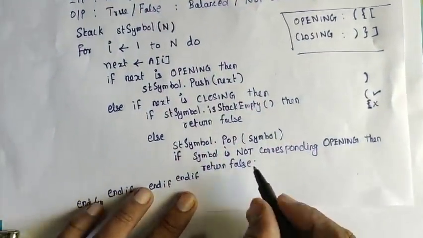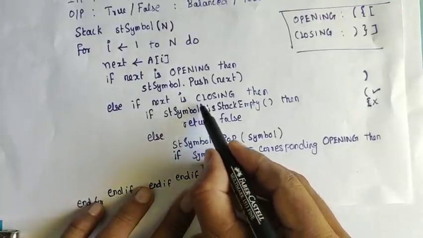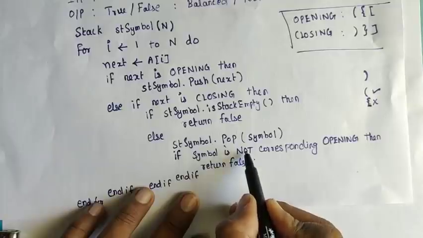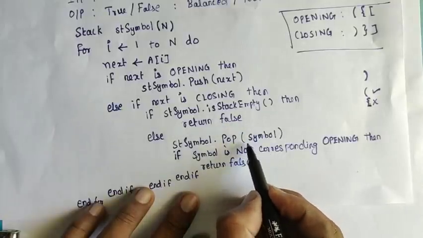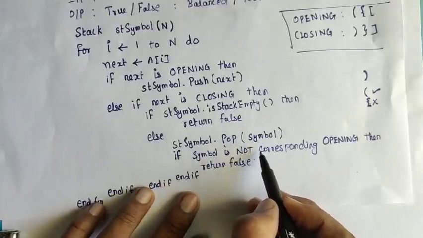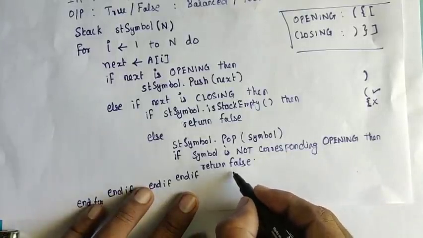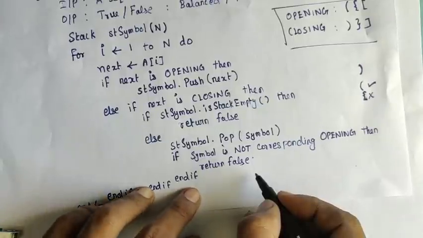The next case is whenever we encounter a closing symbol, the stack is not empty, but the recently inserted symbol is not its corresponding opening symbol. In that case also it is not balanced.